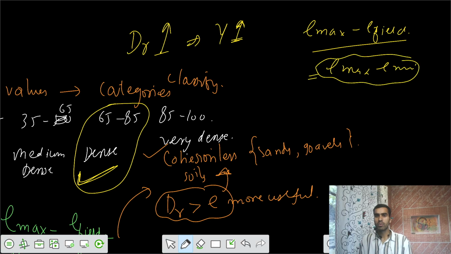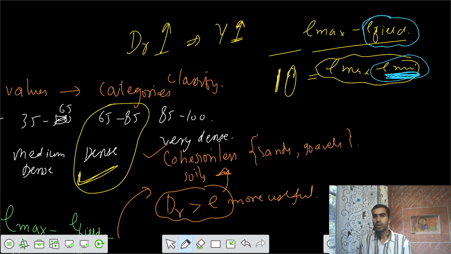Let's say this is some value of 10, and this is the minimum value we can have related to the void ratio. Now if the field void ratio is also close to this value, then Dr equals 10 by 10, that means one.